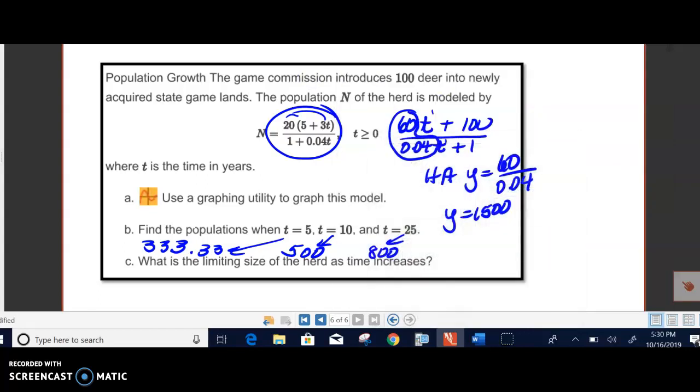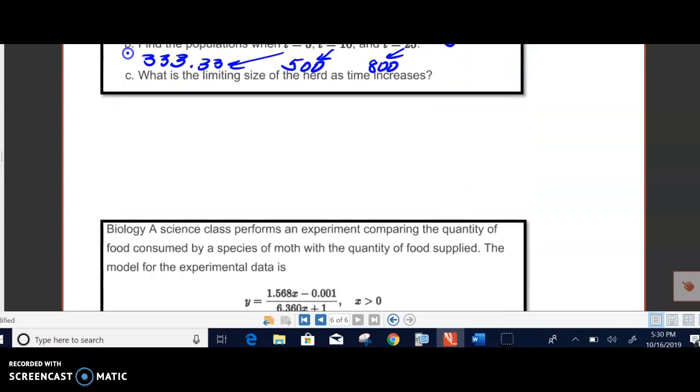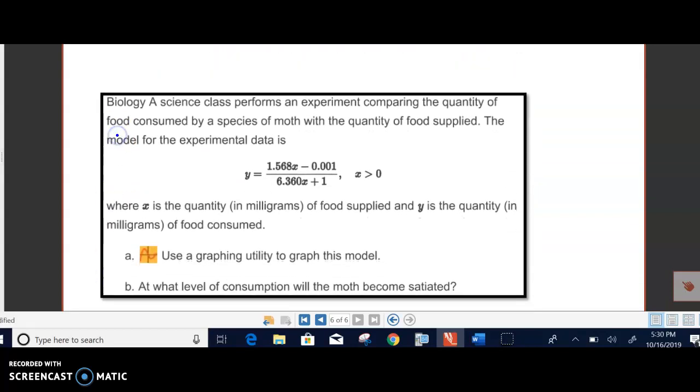So here's an example of a rational function that's showing growth over a particular time of deer that were introduced into a newly acquired state game land. Hope you don't have any questions on that. There is one more here, which is similar.